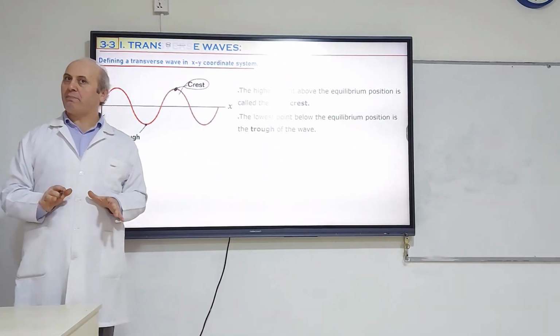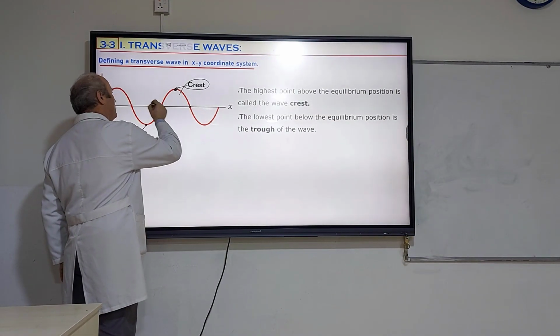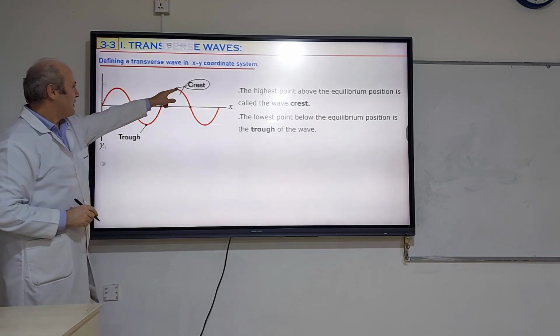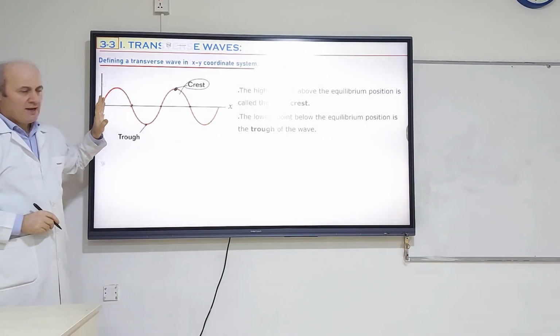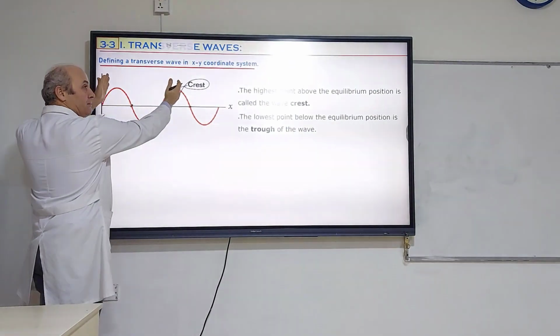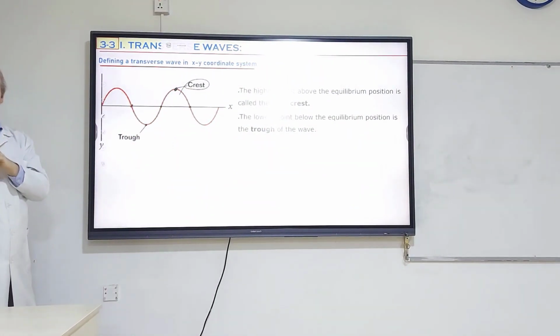Also we have the equilibrium position: crest, equilibrium, trough. We can measure the wave in horizontal and also in vertical. Now we are going to define the lengths.